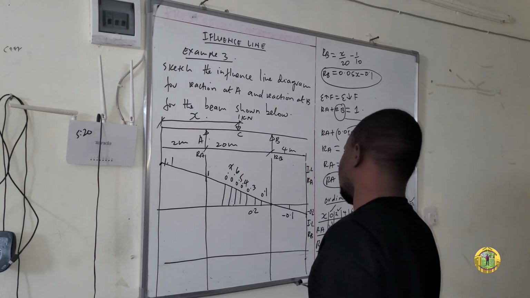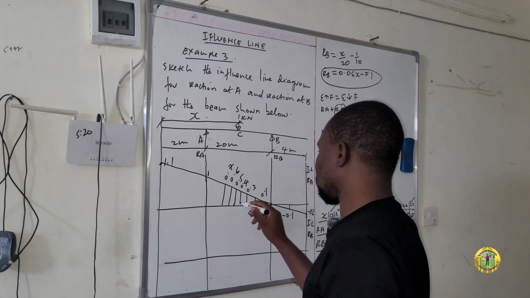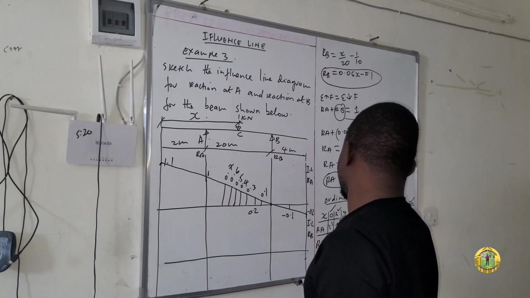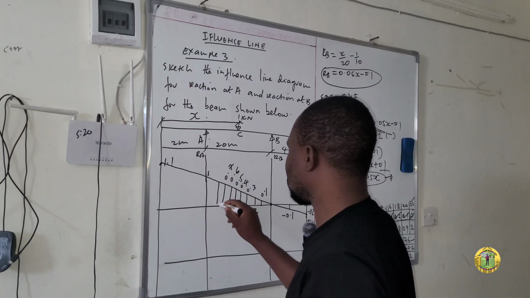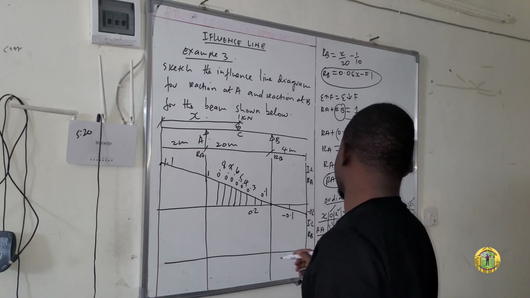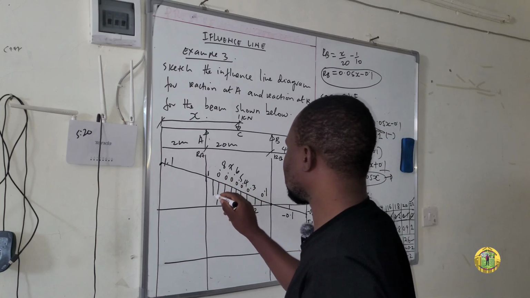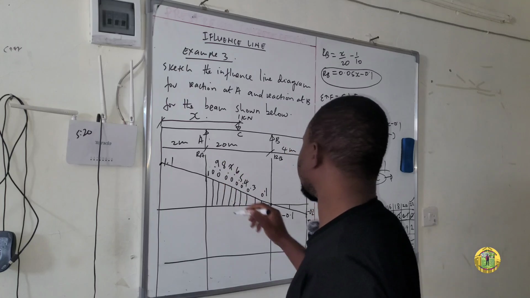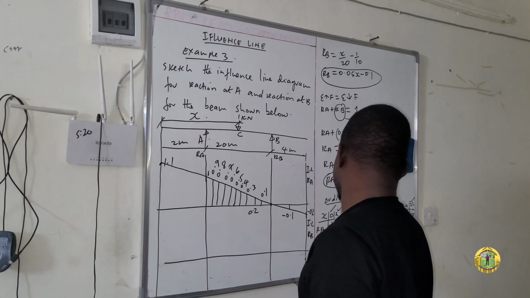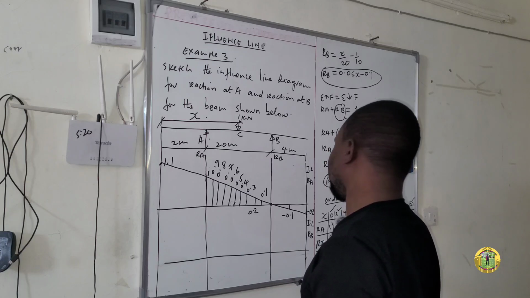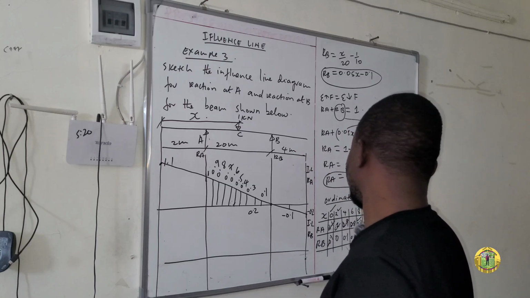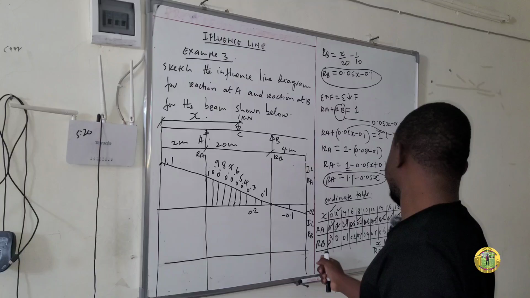Done. 0.8. Done. 0.9. Done. And then of course 1 is done. And then of course 0 done. And then we proceed to the other one, which is RB.